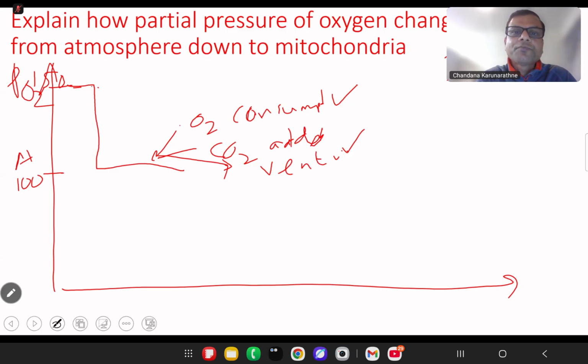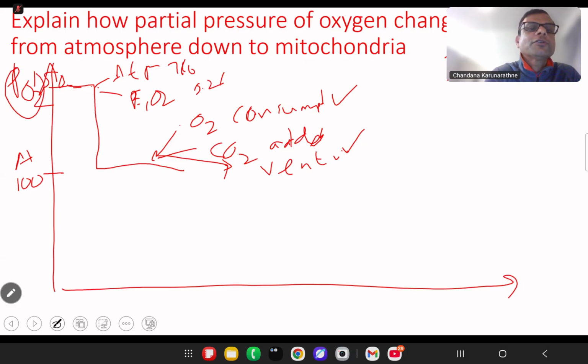This 16% is what results, it's not the cause. The first one, we say atmospheric pressure of 760 and the FiO2 of 0.21. If you give oxygen, the 150 will go up. So the first 150 is because of the atmospheric pressure and the oxygen fraction.